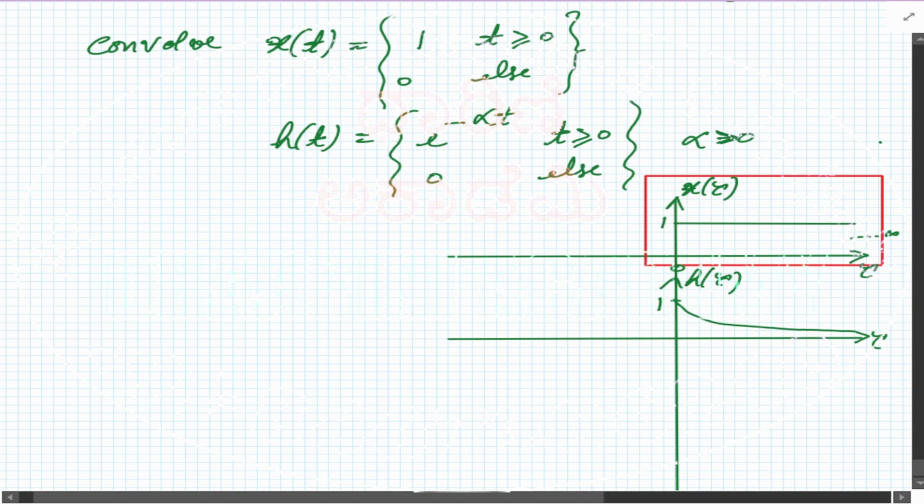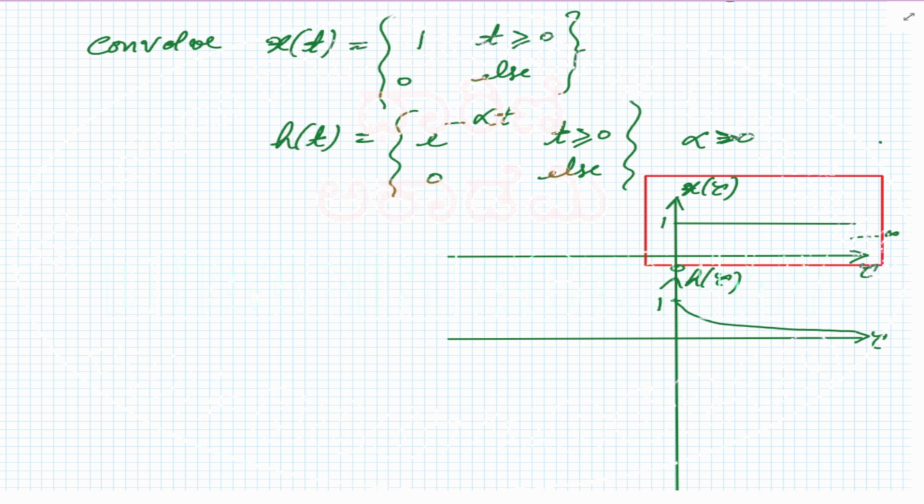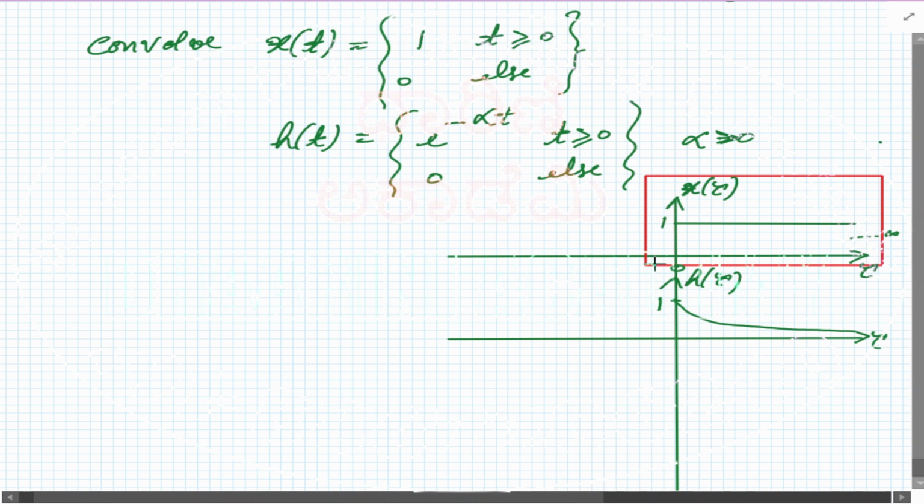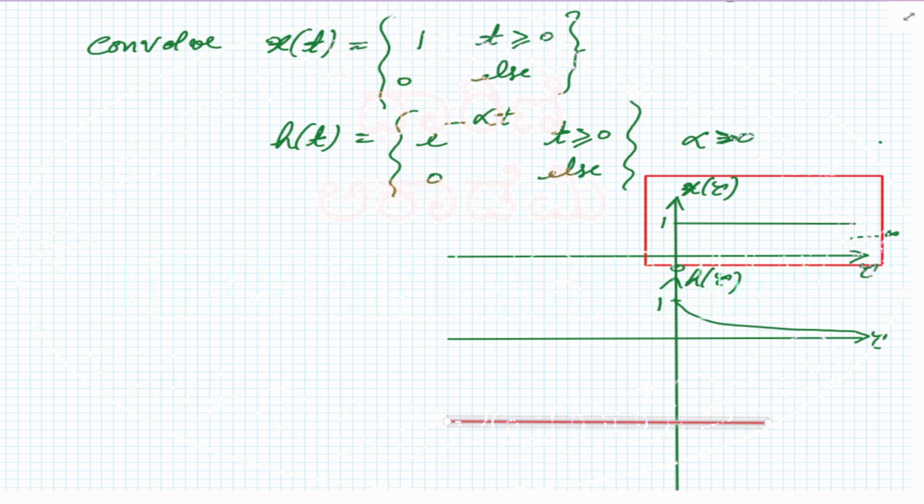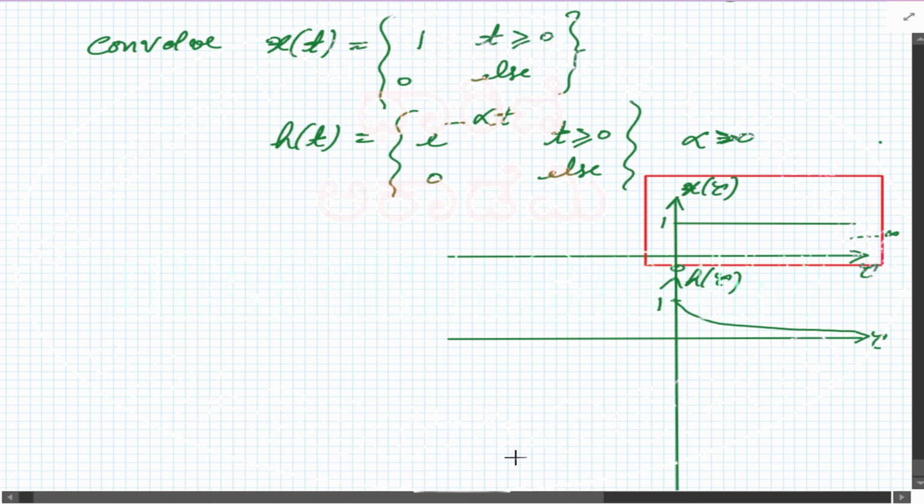The second function, what we did, you flip it first. So that's my first step. The function is present on the right hand side, so move it to the left side of the y-axis.